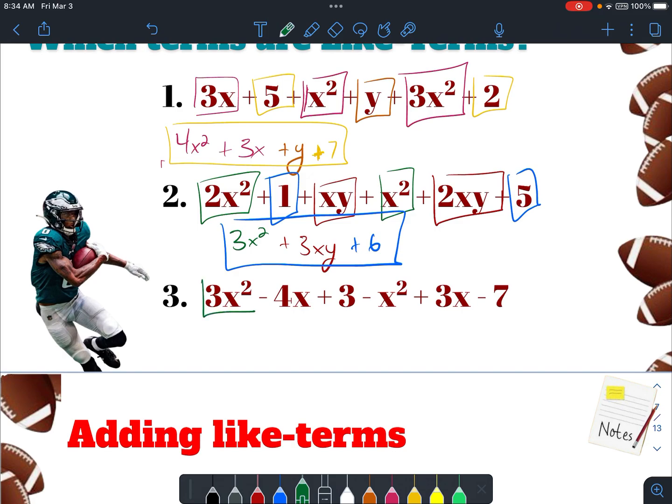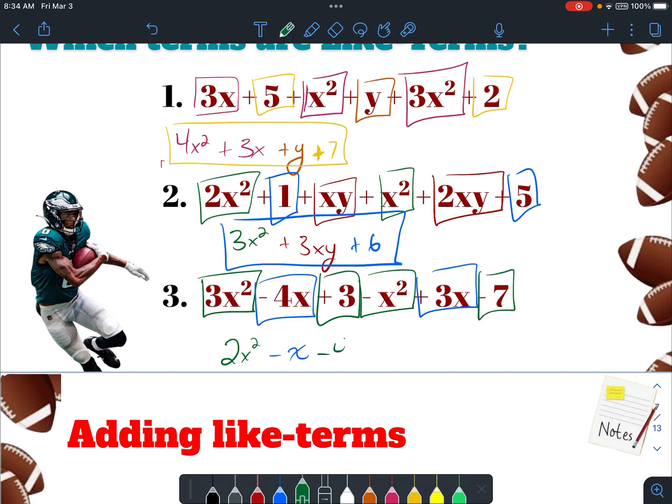And the last one is we're going to go 3x squared, and now we have a negative x squared, so that's going to give me 2x squared, which is subtracting 3 minus 1. Negative 4x plus 3x gives me just negative x. And then finally we have 3 minus 7, which would give me negative 4.